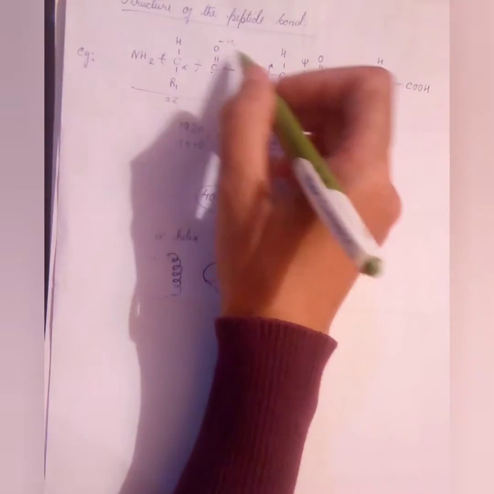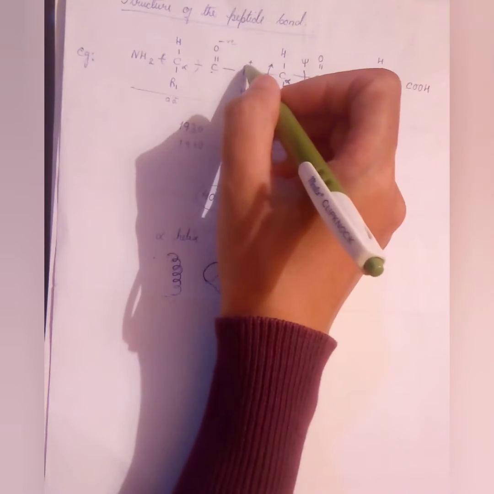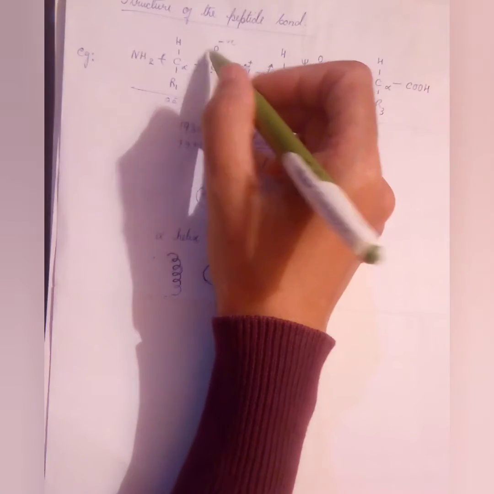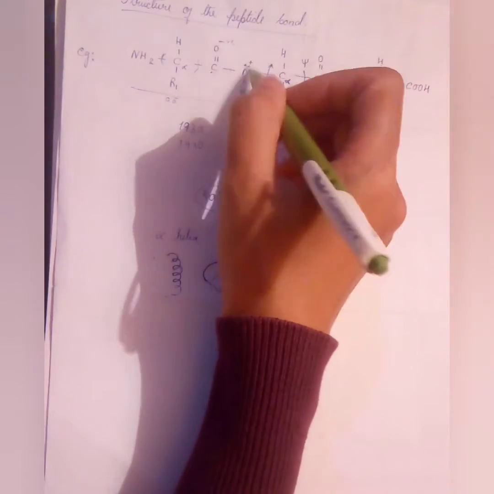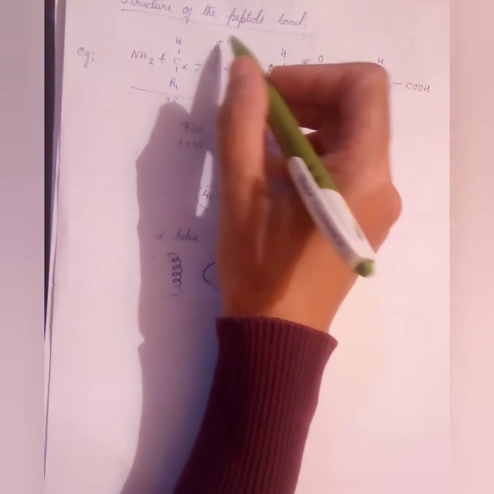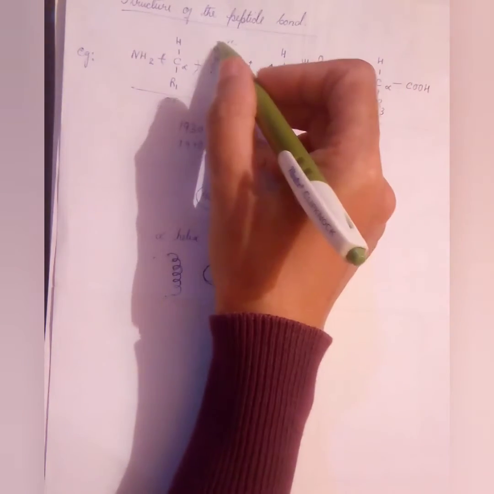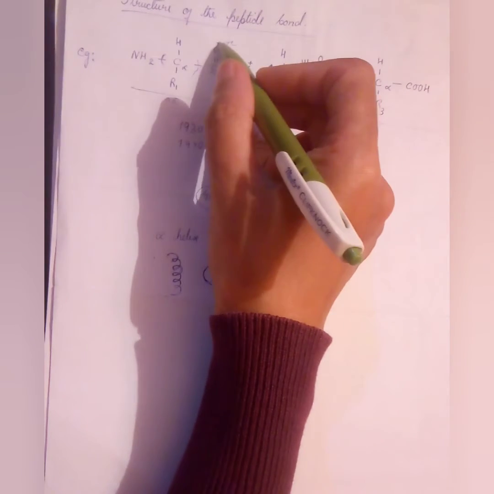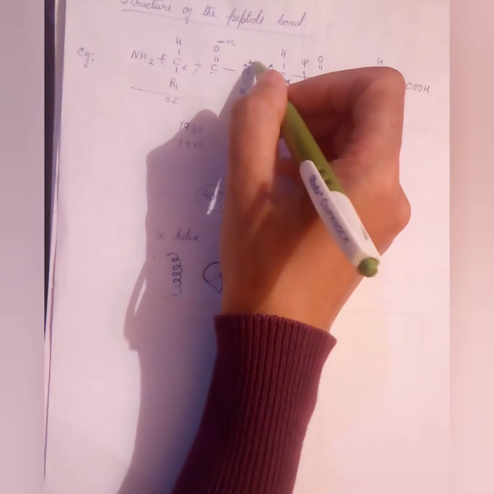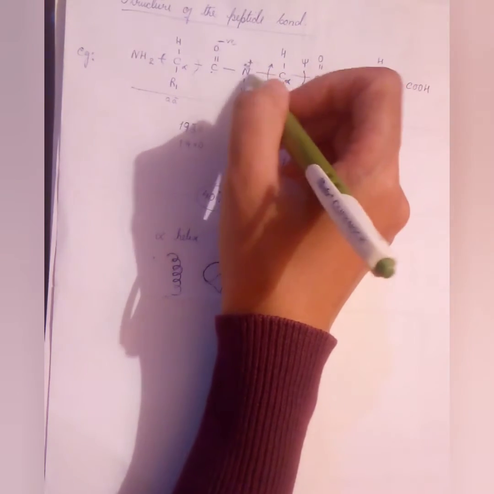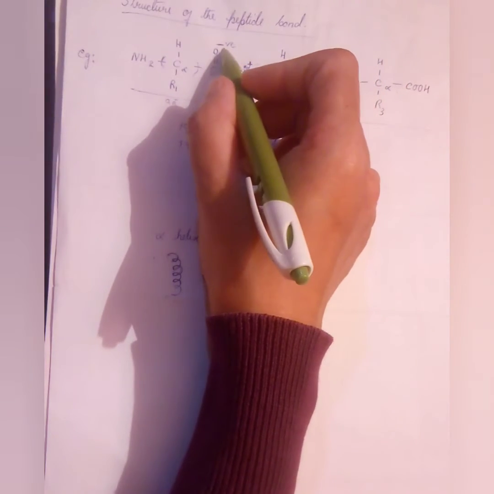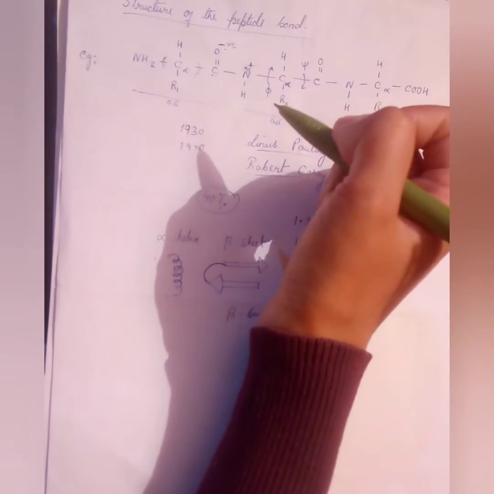It's not that it loses the electrons, it shares the electrons with the oxygen. So there is a sharing of a pair of electrons between these two. Since the oxygen gets more electron density, it becomes partially negative, and the nitrogen, having shared its electron with the oxygen, will have a partial positive charge.